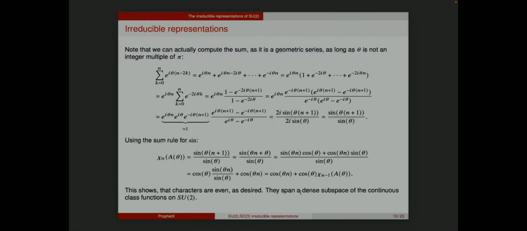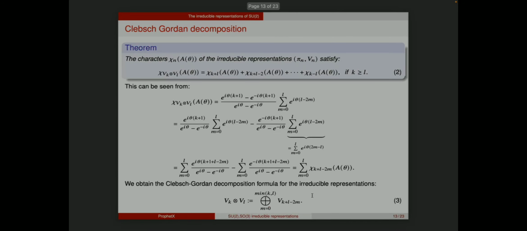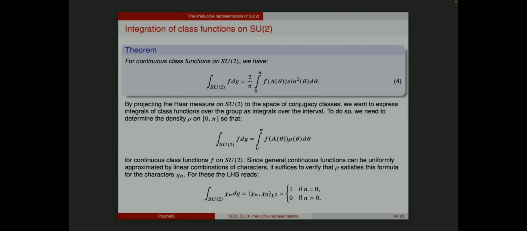But as in the theorem which we quoted before, because they span a dense subspace, we can approximate uniformly any continuous class function by linear combinations of characters.